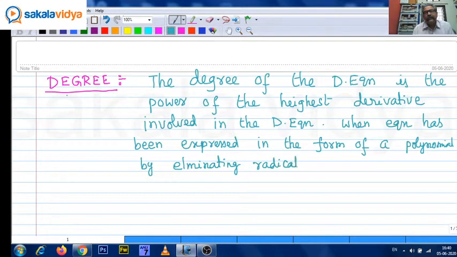Radicals means fractional powers of the derivatives.